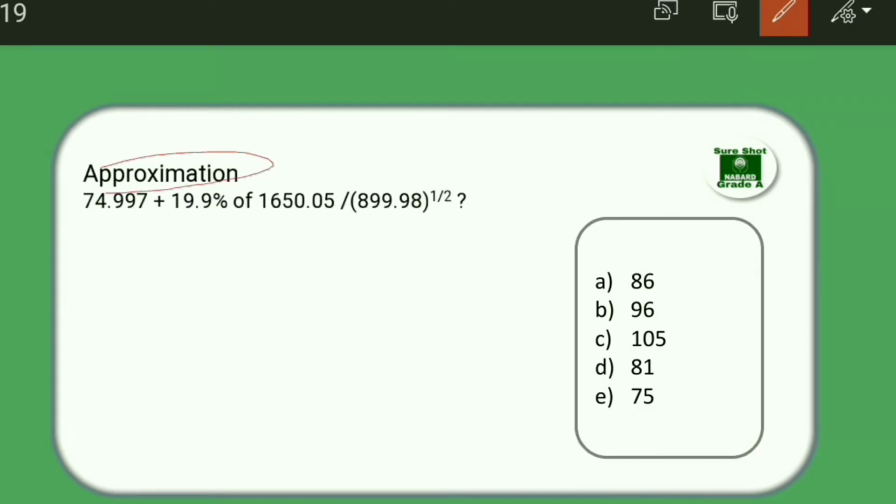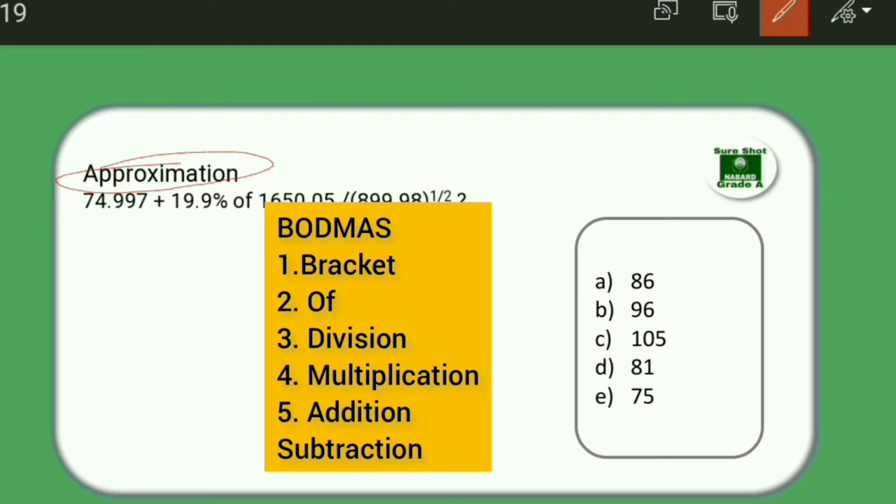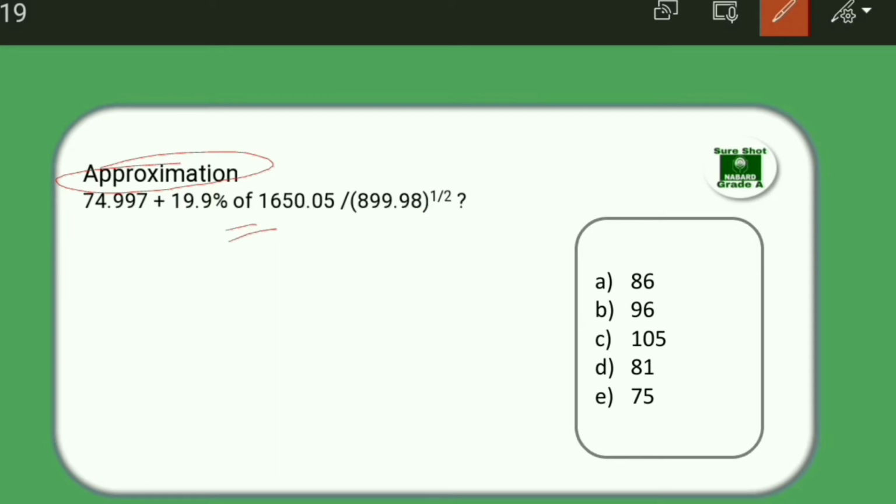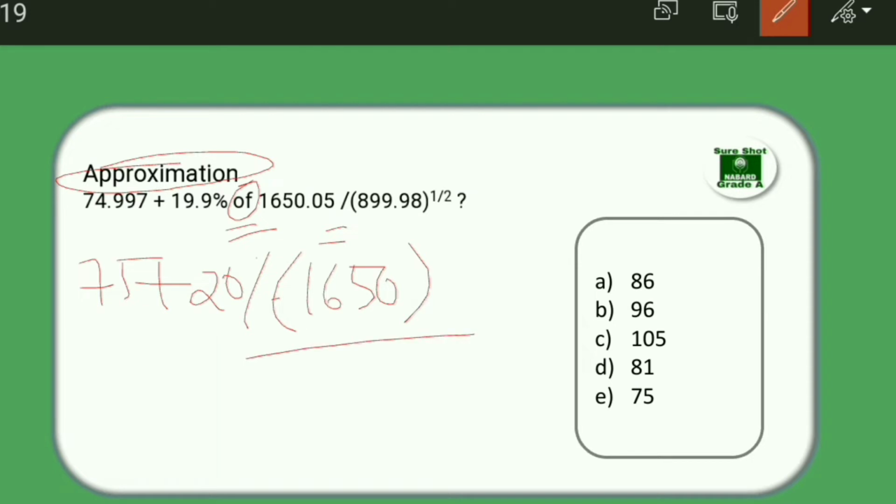Next one is approximation. This is an easy section. I hope you are all familiar with the BODMAS rule. We need BODMAS to solve this. There is an 'of' here and a division here, so we need to do those first. This will come to 75 plus 20% of 1650 divided by root 900.